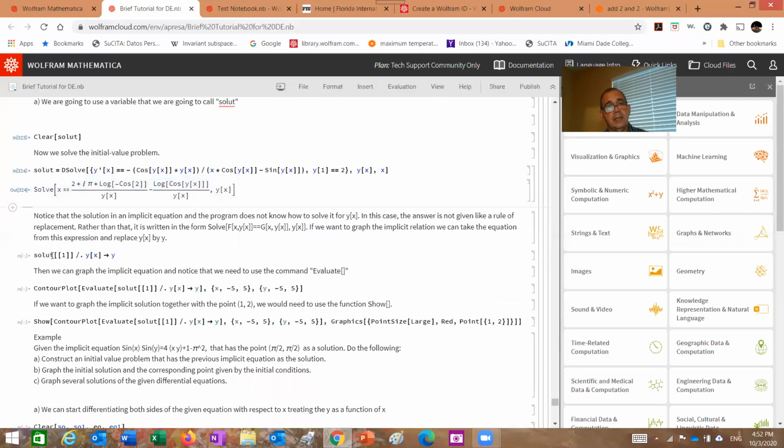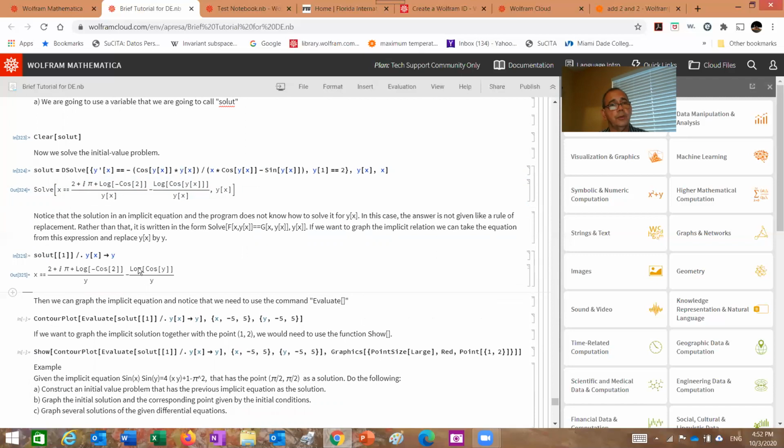And then in that solution, in what is inside here, which is number 1, we can replace the y of x by y to make it like an implicit equation that depends on x and y only, without putting y of x. So this is going to be the equation when we replace the y of x by y.